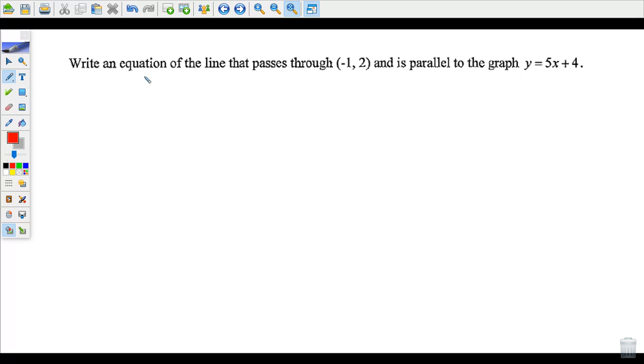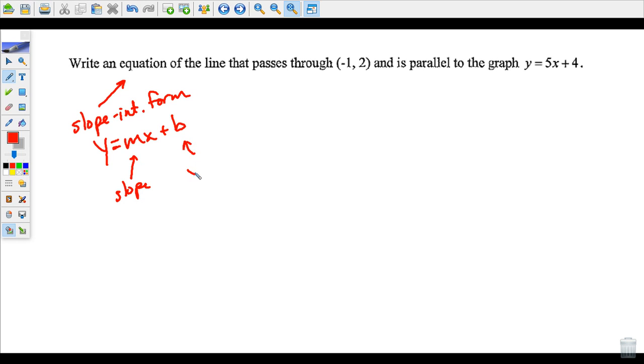So we're writing an equation again, and we're going to do this in slope-intercept form. If you remember, that is y equals mx plus b. M is the slope, b is the y-intercept.